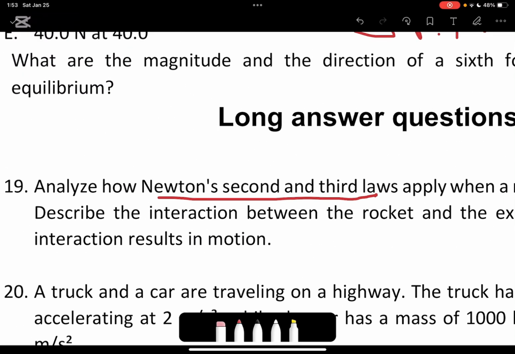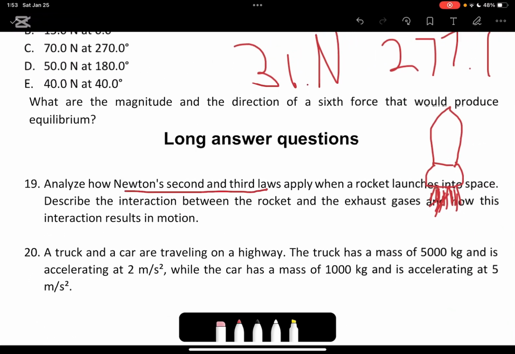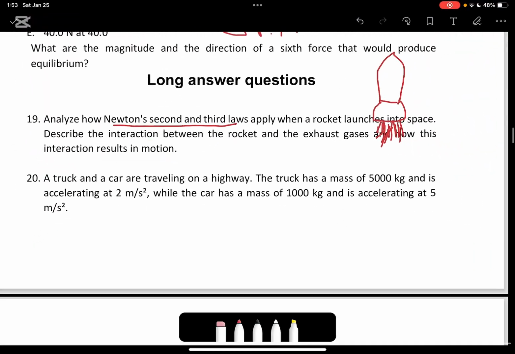So it's losing weight with the same force, so it's going to move faster as it ascends. Together, these laws show how interaction between the rocket and exhaust gases results in an upward motion and increased velocity. That's the answer for that question.